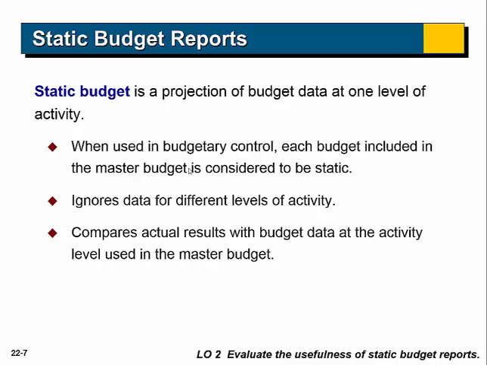So this in essence ignores data for different levels of activity that could be taking place. We want to be able to compare our actual results, right? Well, we're going to have to flex the numbers. So with our static budget, we need to be able to compare our actual results with budget data, but at the activity level used in the master budget.